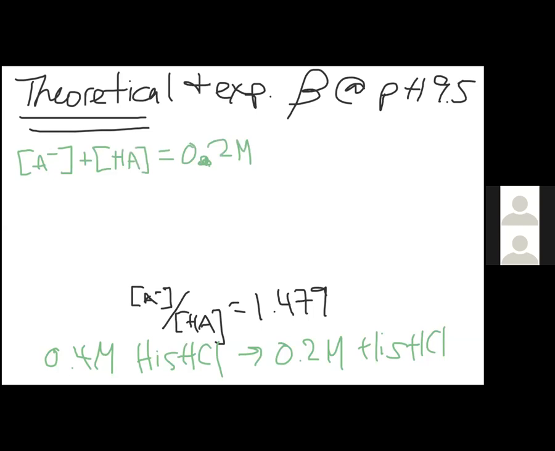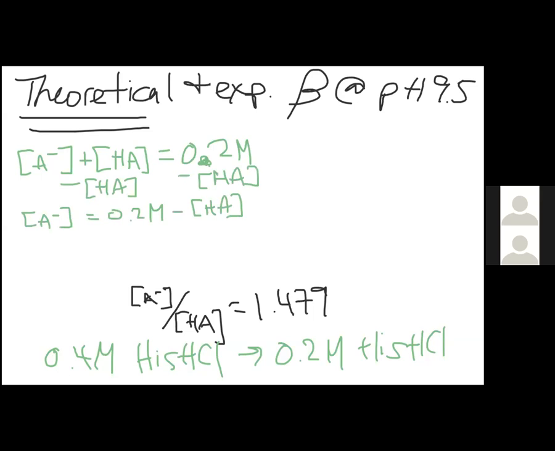So with this, we have two equations, both with two variables. We can start solving for both variables here. In this first equation, let's subtract HA from both sides. What we end up having is the concentration of the conjugate base is equal to 0.2 molar minus the concentration of the acid.